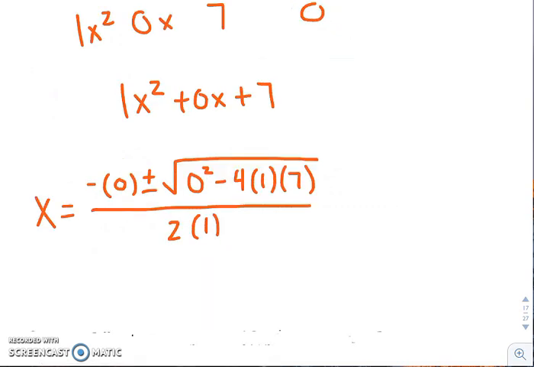So let's simplify this. So we get 0, so I'm not going to write that. I'm just going to write plus or minus, or positive and negative. 0 squared is 0. So negative 4 times 1 times 7 is negative 28, all over 2. So we need to simplify the square root of 28.